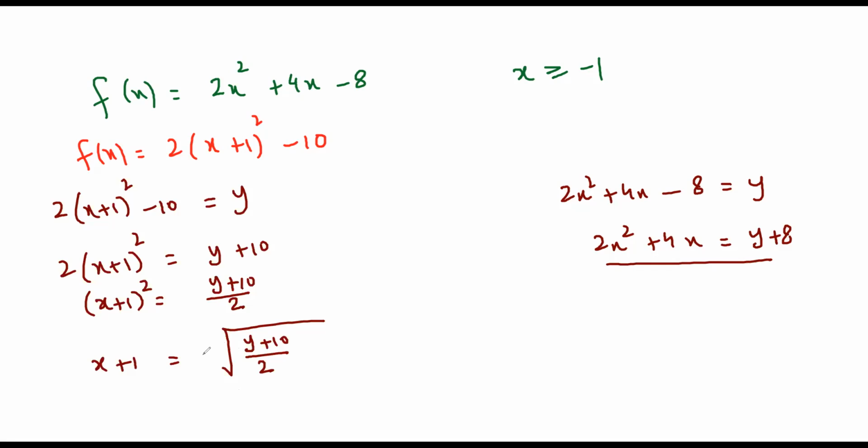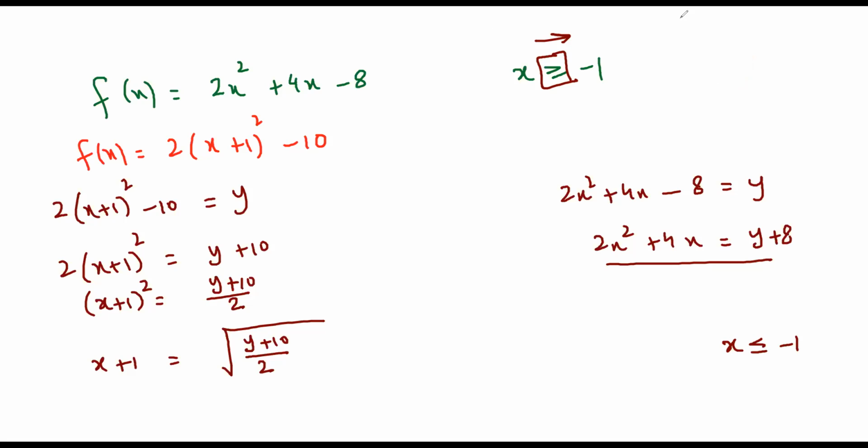Only the toppers would remember this: if your domain is pointing towards the positive side, you will keep it positive. Suppose the domain was x less than or equal to minus 1. Let me draw this completely and then I'll tell you.